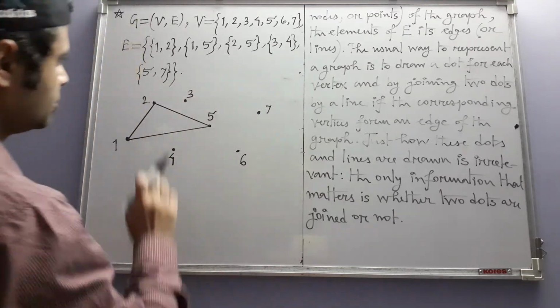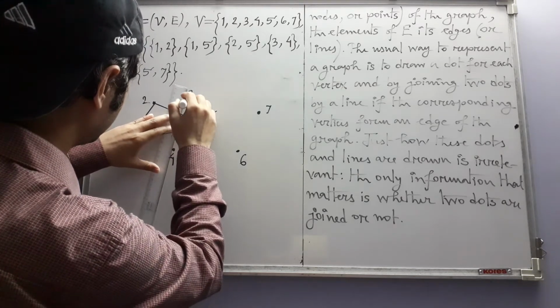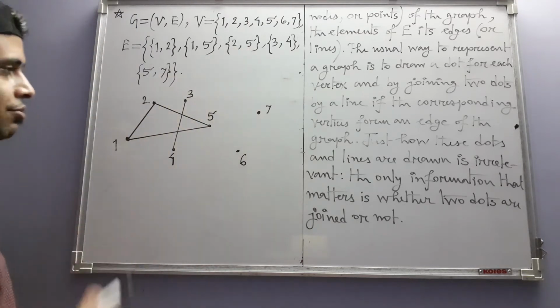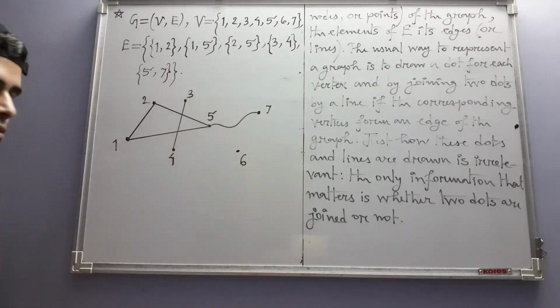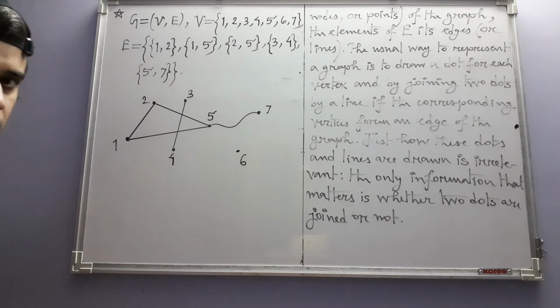And then 3 and 4 are also joined with this ruler. Then 5 and 7 will be joined. Here, however, I decide to use a wavy line, and 6 is not joined. That point is not joined to anything, to any dot.